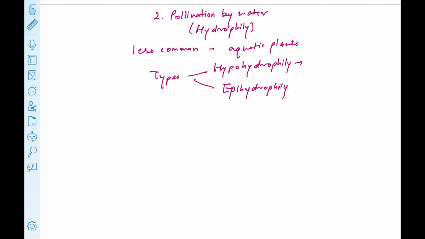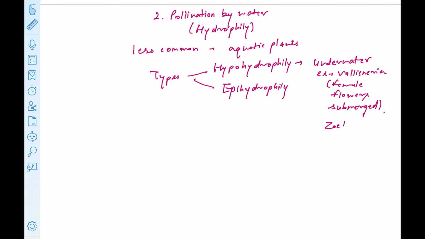Hypohydrophily means pollination occurs underwater, and examples are Vallisneria, okay, where female flowers are submerged. Vallisneria have long stalk and the male flowers or pollen grains are released onto the surface of water and then they are carried passively by water currents.